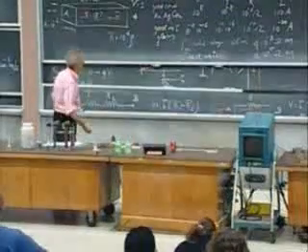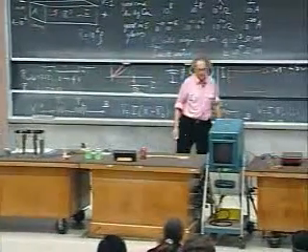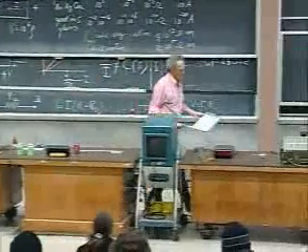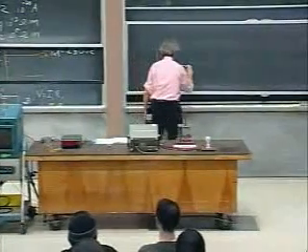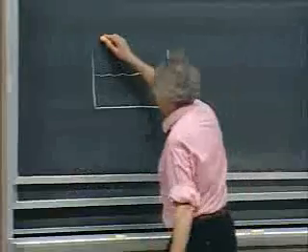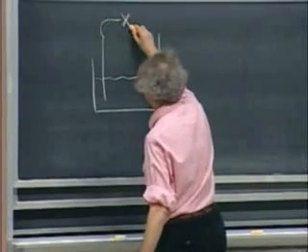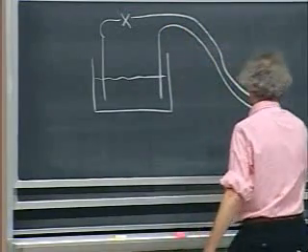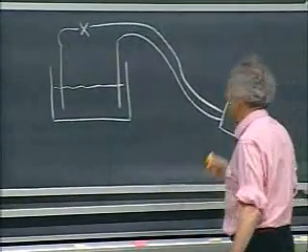I have here a bucket of distilled water. I'll make a drawing for you on the blackboard. So here is a bucket of distilled water, and in there is a copper plate, another copper plate, and here is a light bulb, and this will go straight to the outlet.